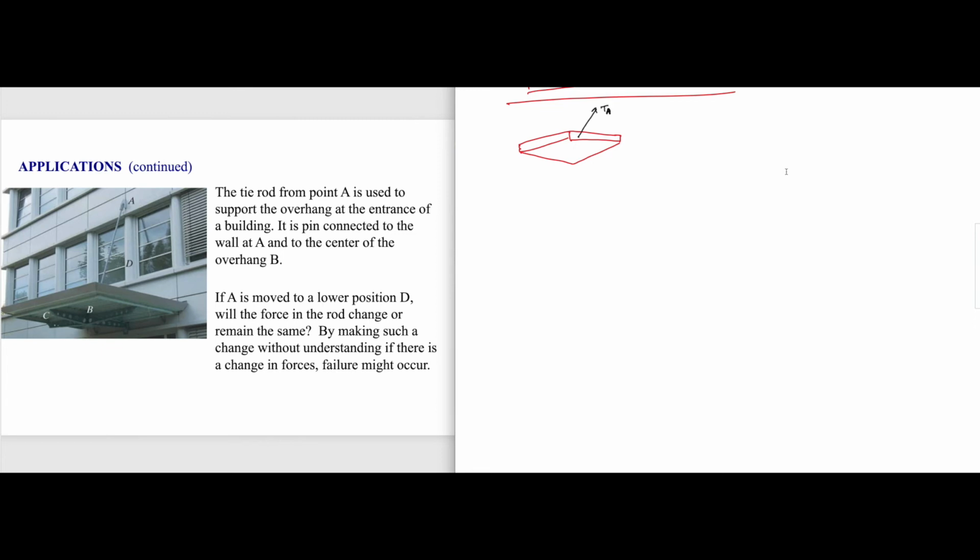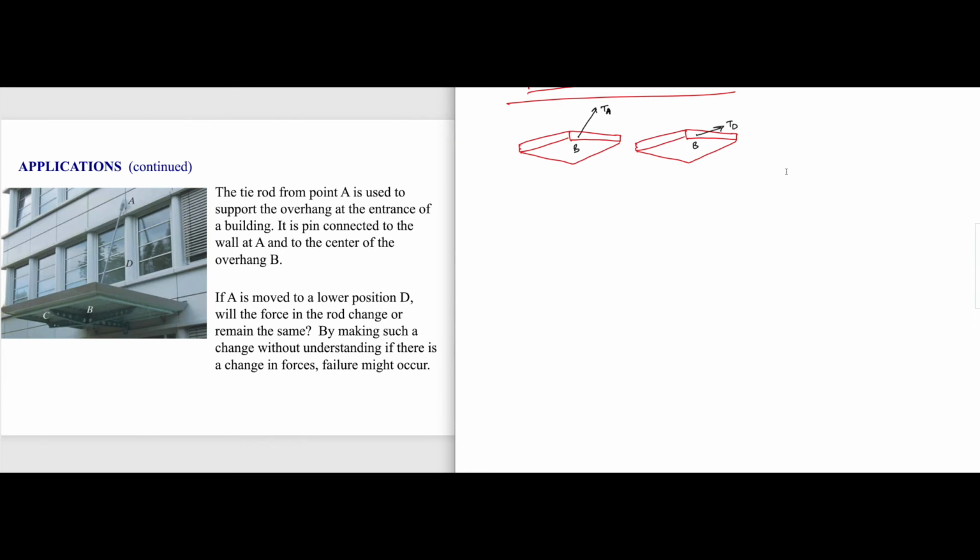Now let's take a similar arrangement, but with a different rope arrangement. This time it is going from B to D, like that, tension TD.